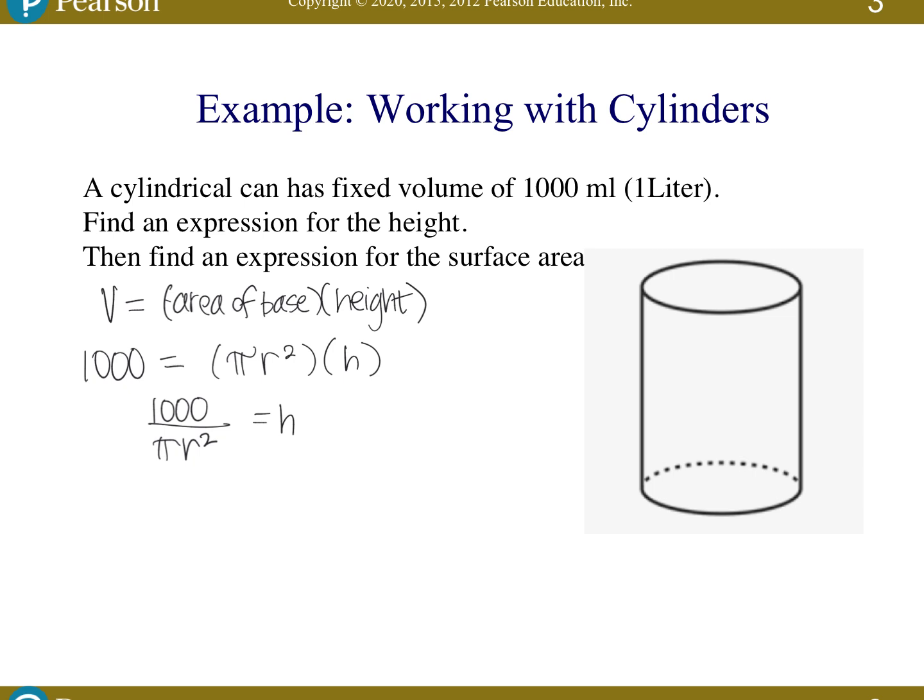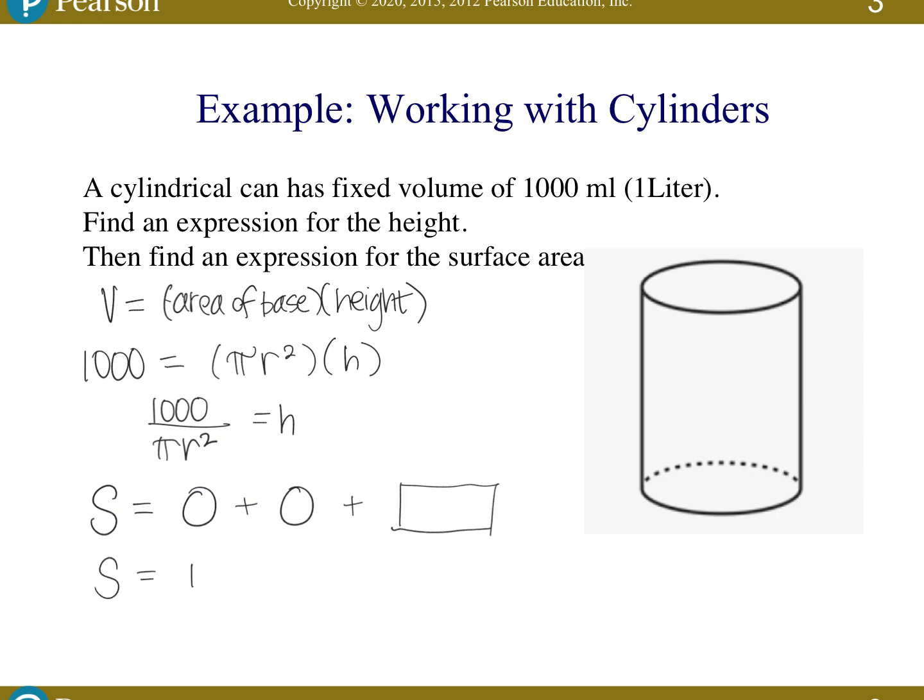What would the shape on the side be? Think about peeling a label off a soup can. If you peel that off, it's just a rectangle. So the surface area is made up of circles plus a rectangle.